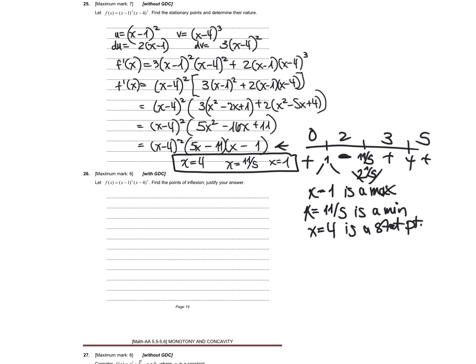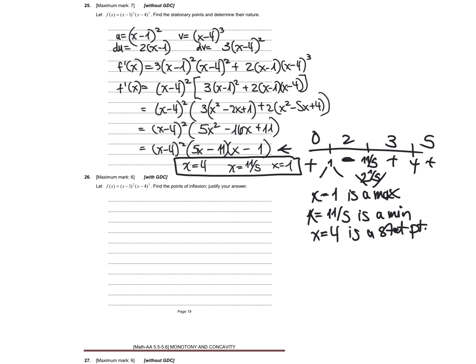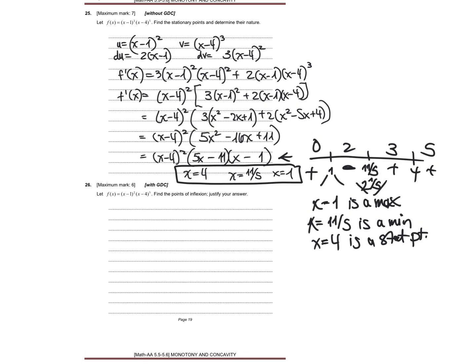Okay, so this one is the previous one, so we do have to find the second derivative. So, if that's the first derivative, we need, I'm just going to use this one.